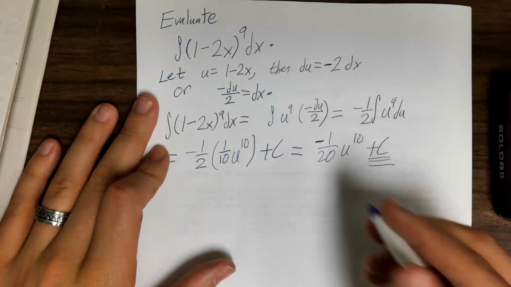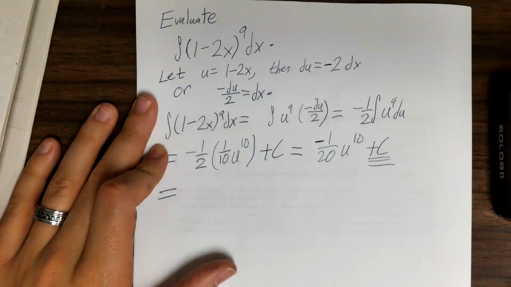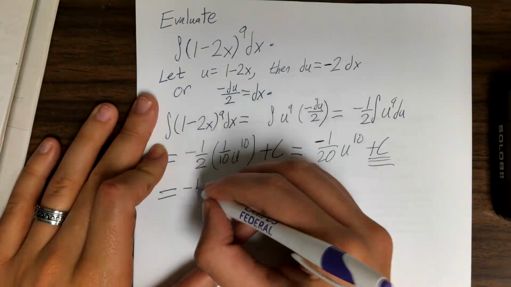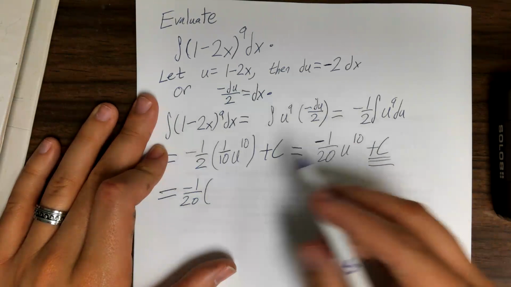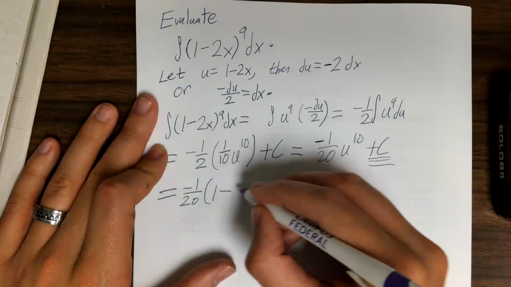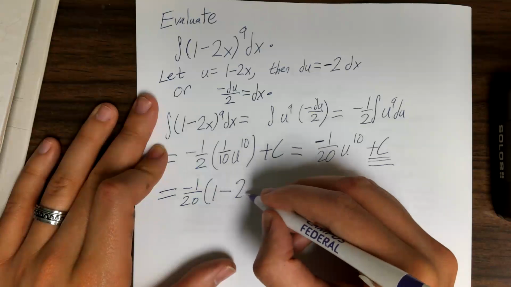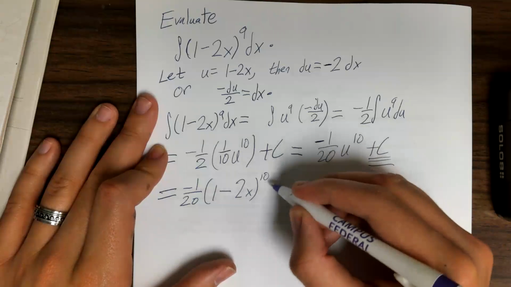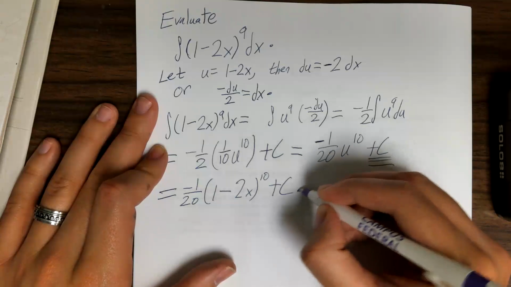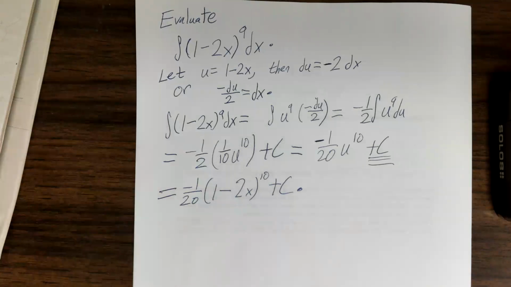Now, at this point, it's just replacement. So the negative 1 over 20 comes along, but now instead of having u here, I put the 1 minus 2x, and my new power is 10, plus the c. We call it a day.